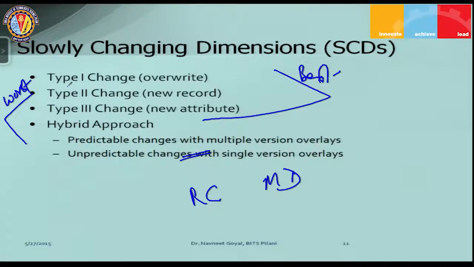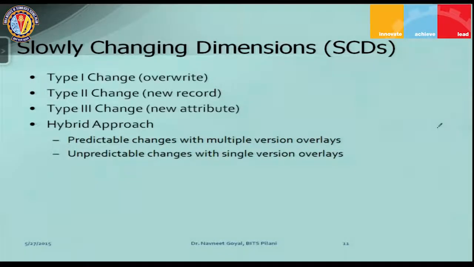So we now have what are called slowly changing dimensions. We call them SCD, and today I'm going to discuss three approaches. Basically, type 1, which is hardly used in a data warehouse environment, and the most commonly used is the type 2 change, where for every change in a record we insert a new record.